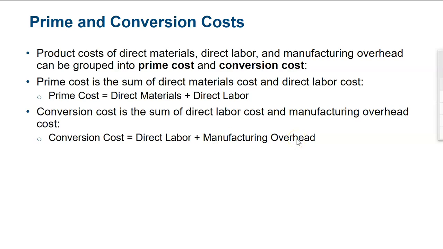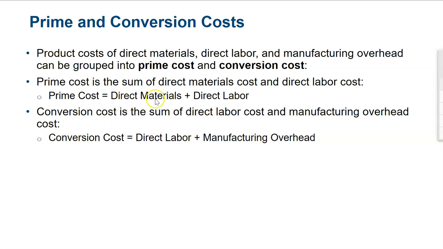And you might say, well, no, wait a minute. What are you talking about? You already used direct labor up here as part of prime cost. Now you're going to tell me that it's down here in conversion cost. Yes, that's exactly what I'm going to tell you. So direct labor is both a prime cost because it can be easily traced, and it is a conversion cost because we are converting labor into a product.